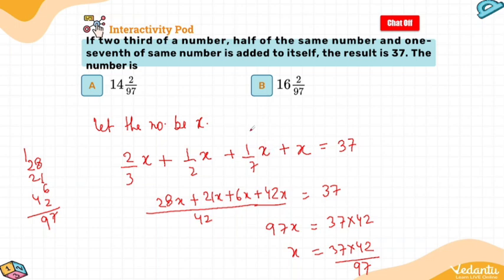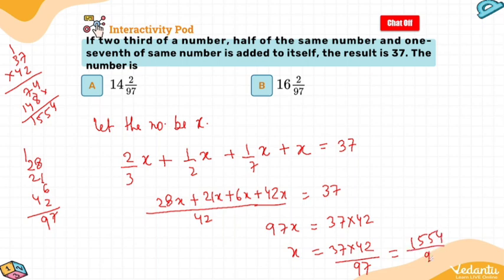So now 97 is getting divided by 37 into 42. So we can multiply 37 into 42. So 7 2s are 14, carry 1 3 to 6, 1 7. 7 4s are 28, carry 2, 4 3s are 12 to 14. So 4 8 7 15, carry 1, 1 5 5 4.